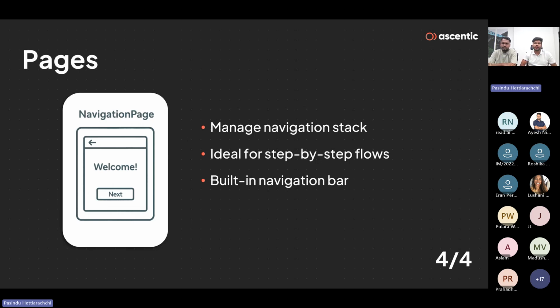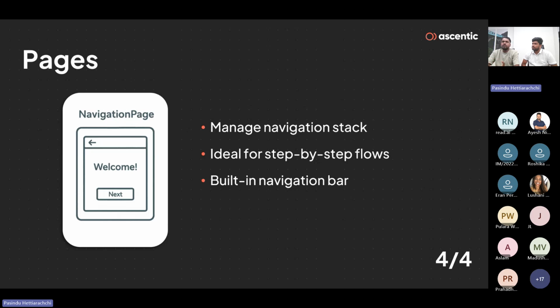In that scenario, you can go back and forth in the content pages. Since this is the behavior of this page, it really comes in handy in wizard kinds of things. You click next and it goes to a separate set of instructions. For those kinds of scenarios, the navigation page is the go-to.